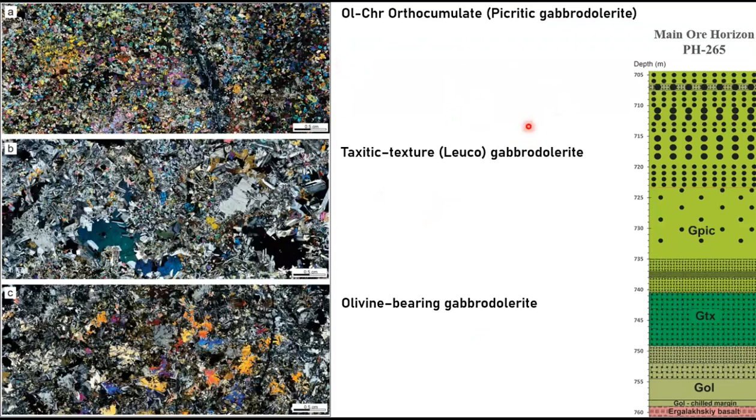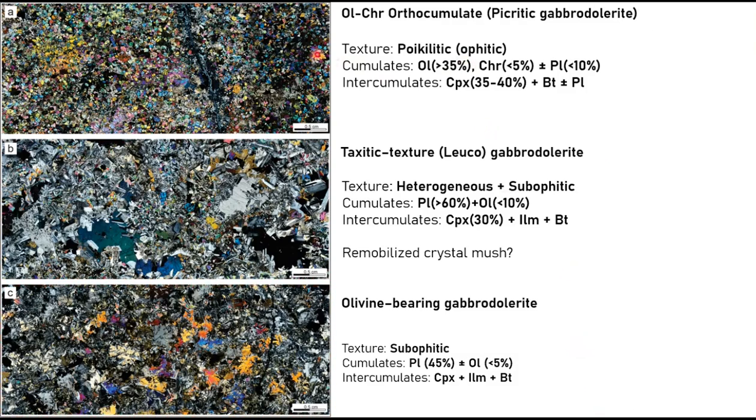So basically here, I just wanted you to have in mind the position of the units. We have this olivine-chromite cumulate at the top, known as the picritic gabbro-dolerite. Then we have the taxitic-textured gabbro-dolerite, and at the very bottom we have the olivine-bearing gabbro-dolerite.